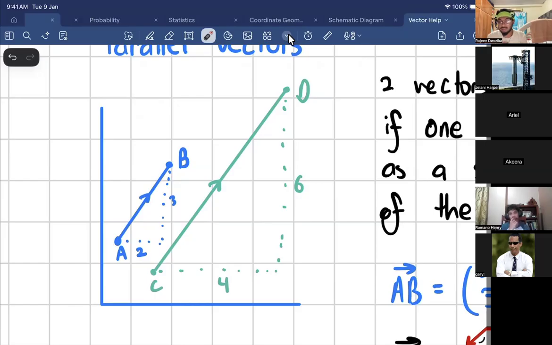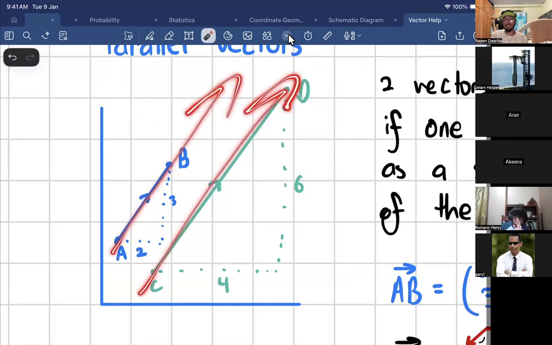But here we're saying, anytime you could write one in terms of the other one, it shows that they are parallel. Because parallel really means that they're going in the same direction. They're pointing in the same direction. Aren't both of them pointing in the same direction?